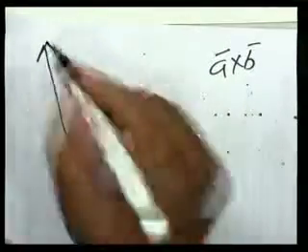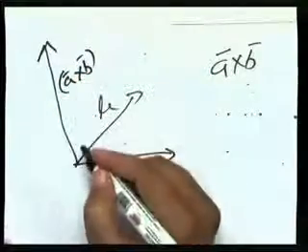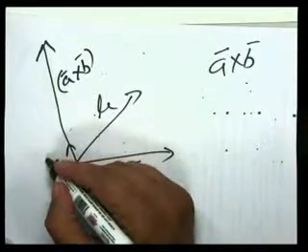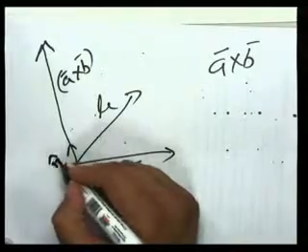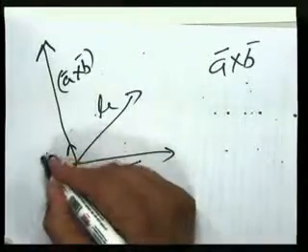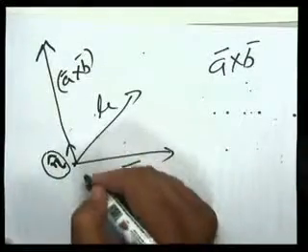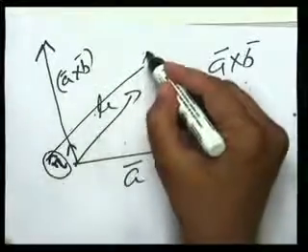This is the A cross B vector. This is eta, and in our mathematical form we use this small cap eta. So this is the unit vector along A cross B. Suppose this is the plane.